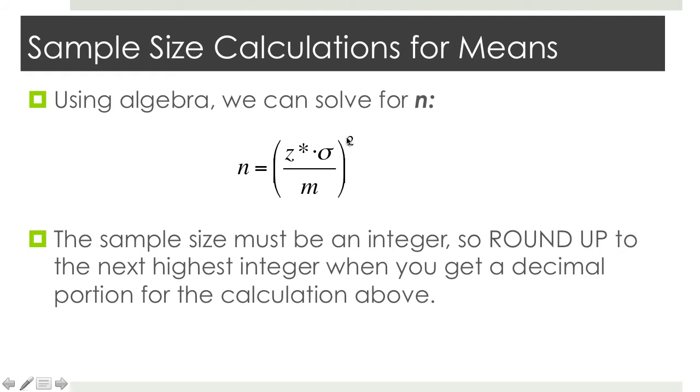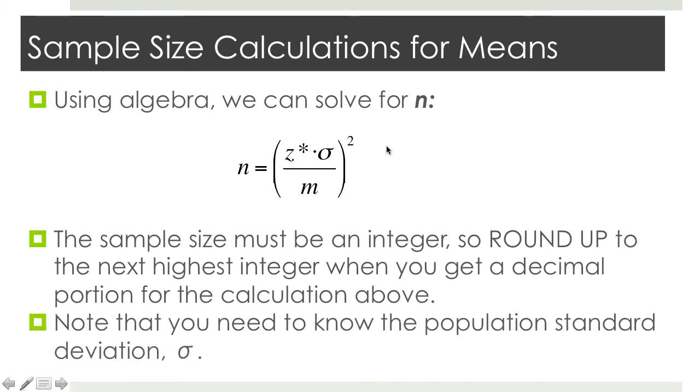But of course, a sample size needs to be an integer. So whenever we need to, we're simply going to round up to the very next highest integer so that we don't end up with weird results like a sample size of 12.3. So just keep that in mind. Also keep in mind that for this to work, you're going to need to know the population standard deviation, sigma.